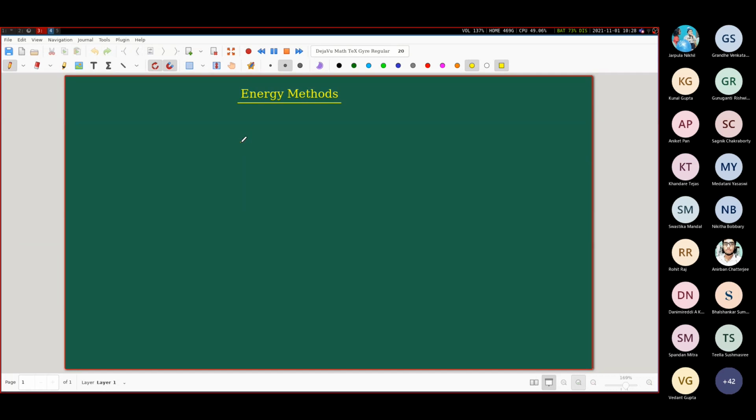Over and above that, there are some other motivations also, which I do not expect any one of you to know at this point, which is why I'm telling you. A big motivation is that these energy methods are like the very first basic steps towards the development of certain kinds of numerical methods, which some of you may have heard about, something like finite element methods or finite volume methods.